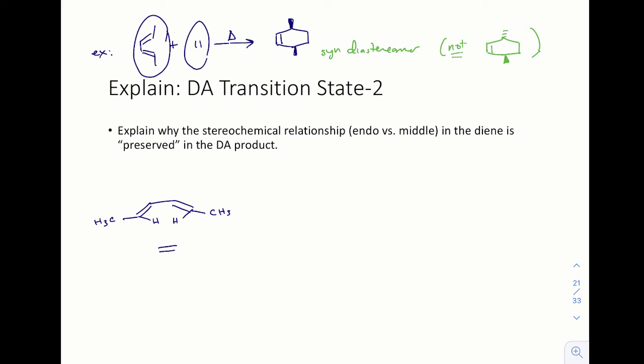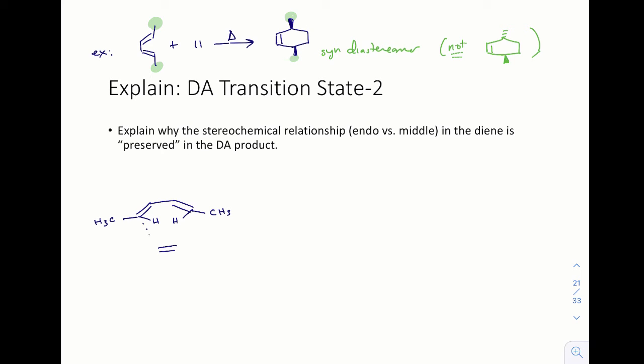If it reacted with ethylene under Diels-Alder conditions, it would form exclusively the syn diastereomer of the product, not the anti. We've understood that by saying that both the methyl groups both occupy the end position, so they'll be the same, both be on the same side, the same face of the cyclohexene product. And we'll try to understand that now.